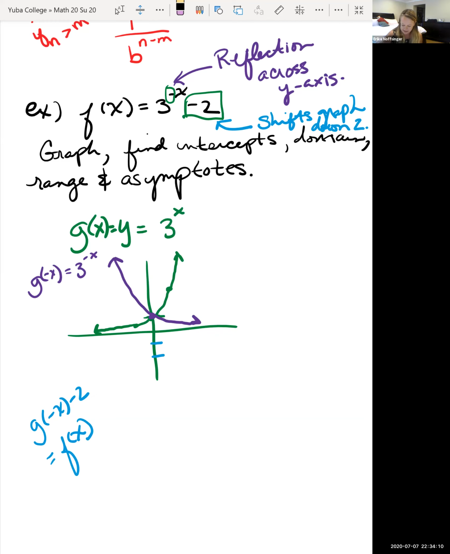So if I shift that down, my point that was at 0, 1 is now going to be at 0, negative 1. My horizontal asymptote, which was on the x-axis, is now going to be at y equals negative 2. And so it's just the graph above shifted down 2 units.